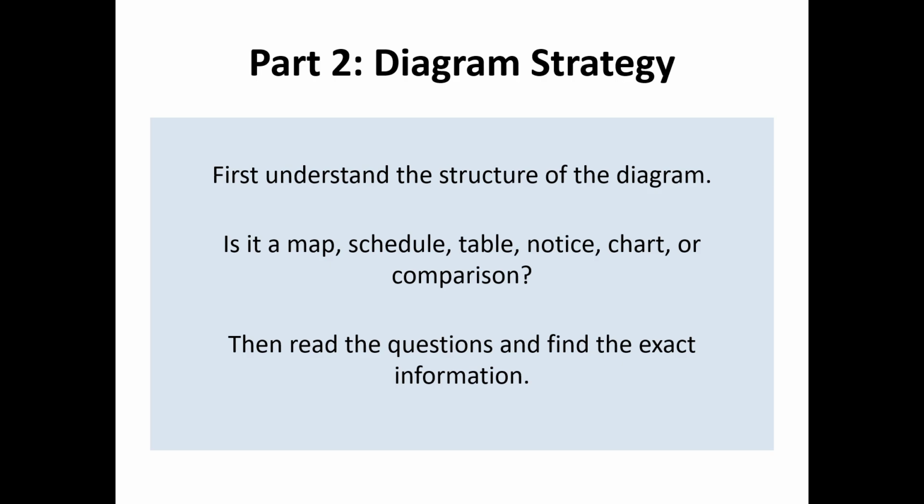Ask yourself, what type of information is this? Where are the important sections? Is it organized by time, location, price, category, or rules? Once you understand the structure, it becomes much easier to find the answer.